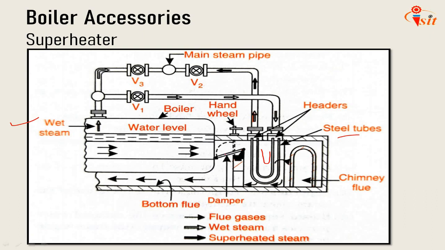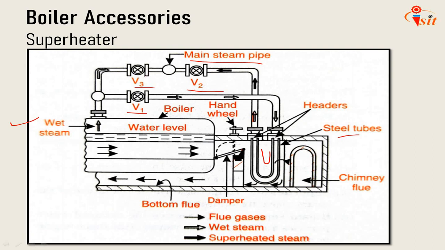Figure also shows how the steam pipes may be arranged so as to pass the steam through the superheater or direct to the main steam pipe. When the steam is taken from the boiler direct to the main steam pipe, the valves V1 and V2 are closed and V3 is opened.